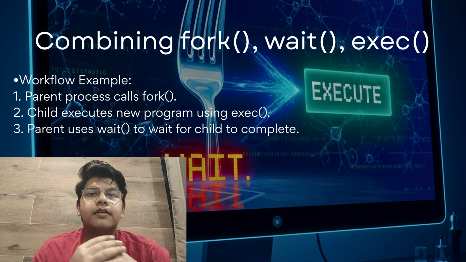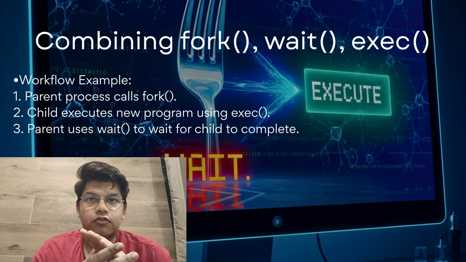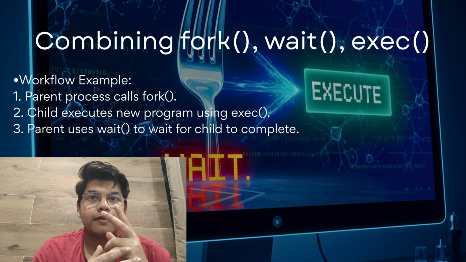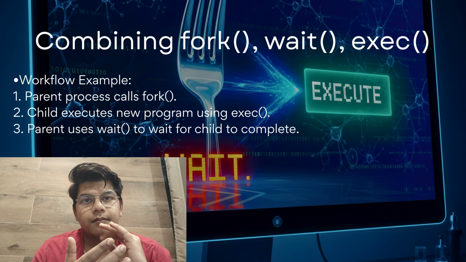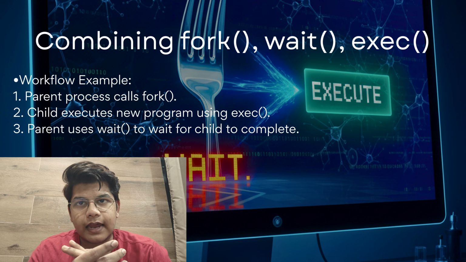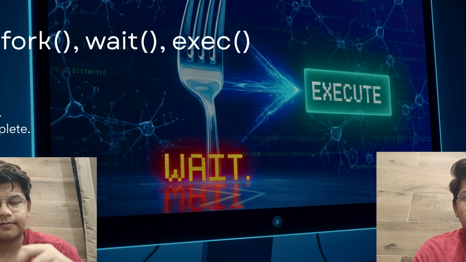Visually, the parent is fork and the child is exec, and the parent uses wait and then the parent continues.